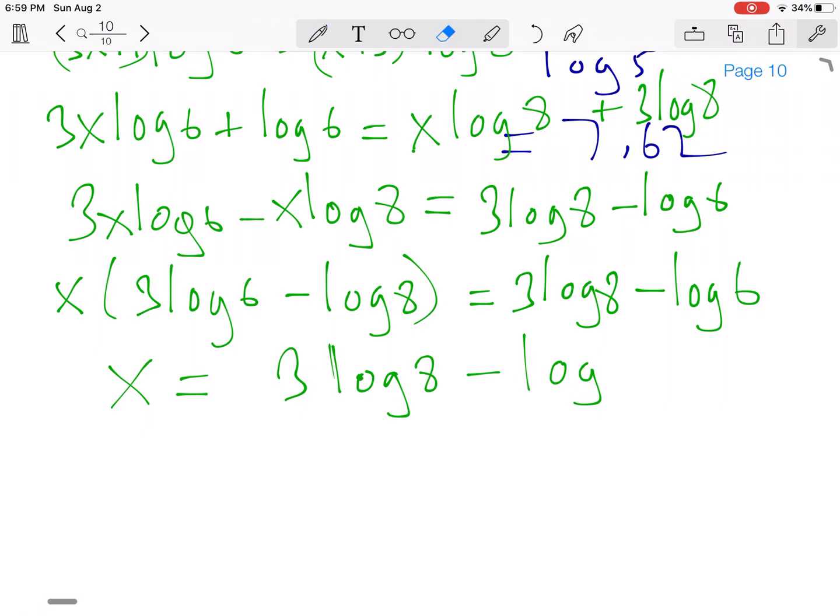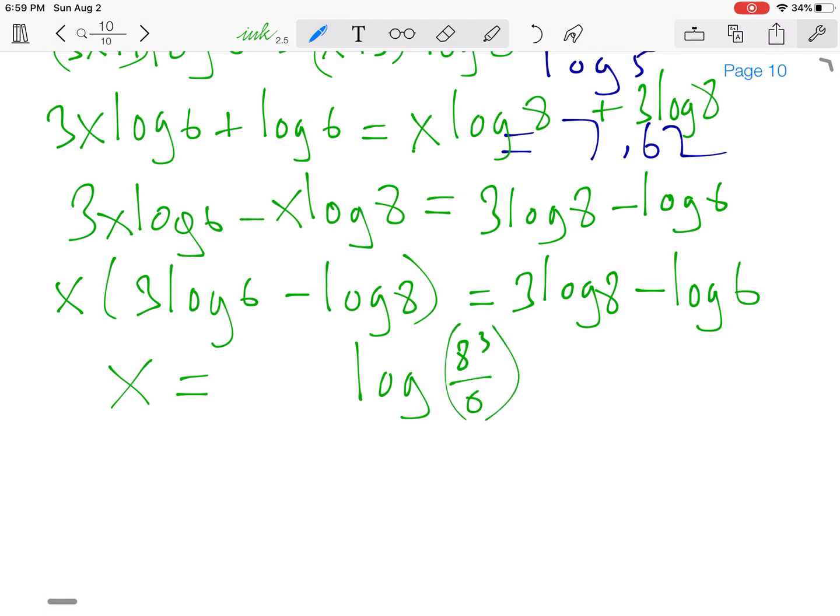Actually, let's just try to shorten this down a bit. So we'll write it as the log of 8 cubed divided by 6, and then that's going to be over the log of 6 cubed over 8.